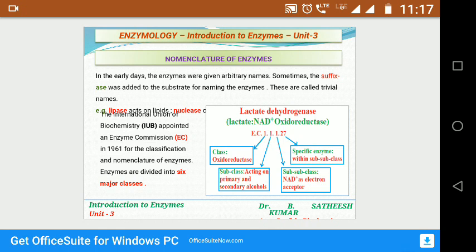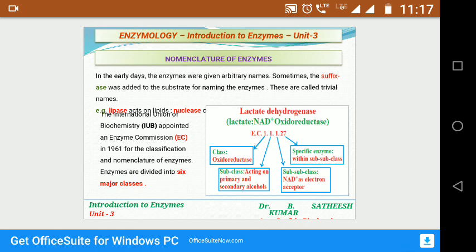And in the same way, lactate becomes pyruvate by giving two electrons to NAD plus, and the NAD plus becomes NADH. So this is a reversible reaction that is carried out by lactate dehydrogenase.